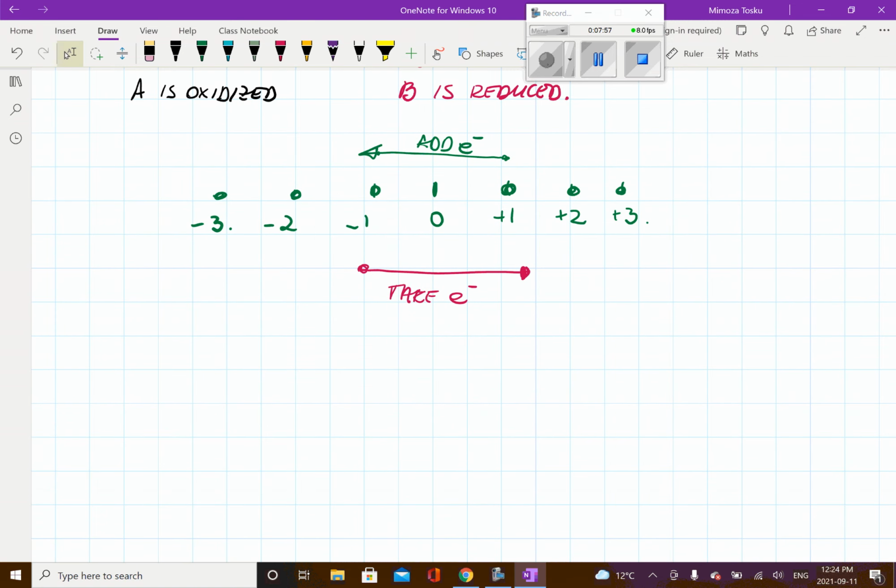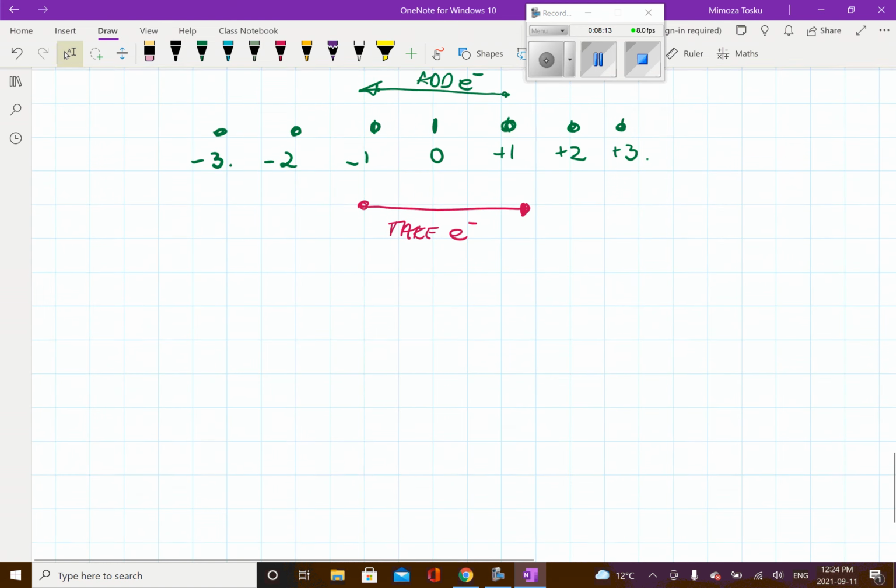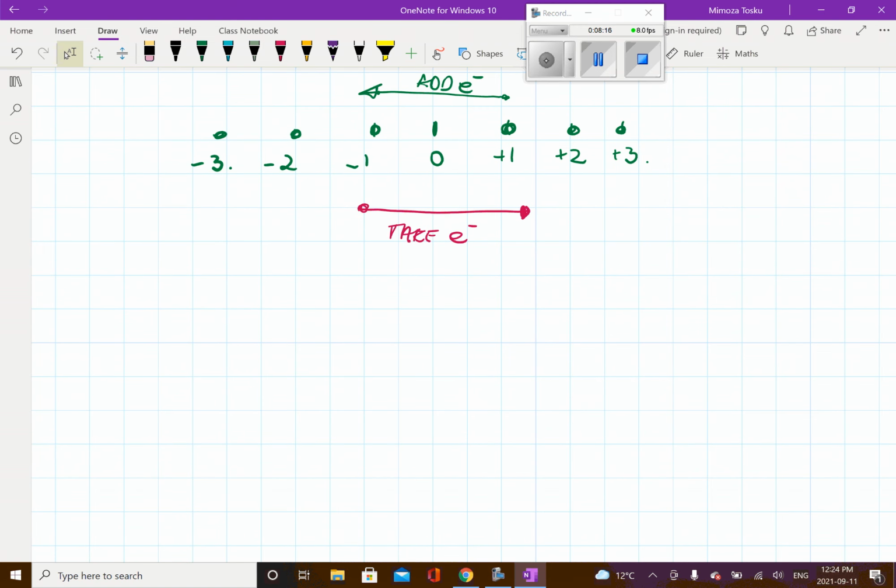One is OIL RIG, and the other one, if you like animals, is Leo the lion says grr. Let's take a look at those 2 so that you use whatever you prefer. The first one, which I personally like most, is OIL RIG. It is related to Alberta, and I like it.